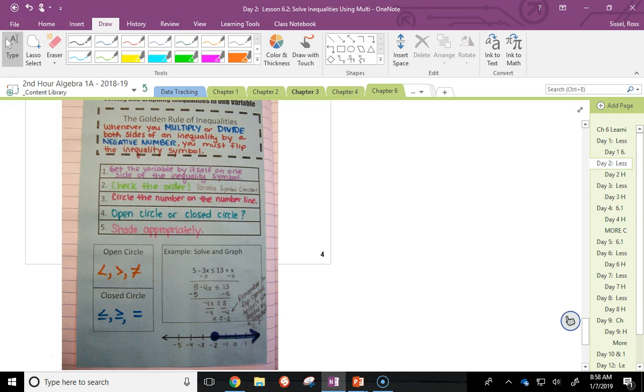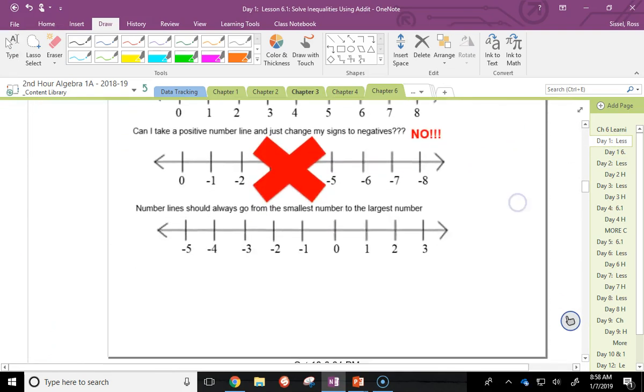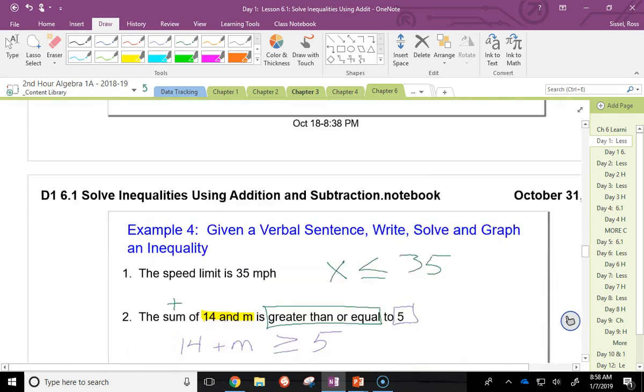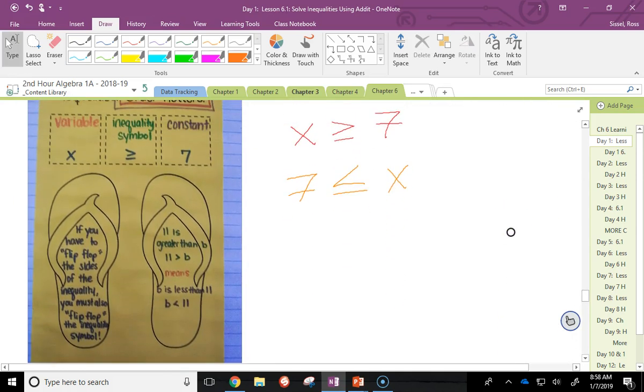Okay, what's the golden rule? Let me finish up. Okay, I want you to put this in your planner, in your notebook. Remember, I'm also going to come around here in just a second. Gentlemen, I'm going to come around in just a second to also give you the flip-flop one.